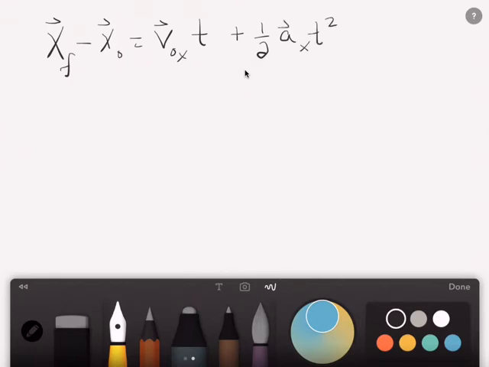And then we're just going to make our substitution now. So you have x final minus x initial, which is our displacement, those together. And we're going to have our initial velocity times cosine of the angle that we launch something with.